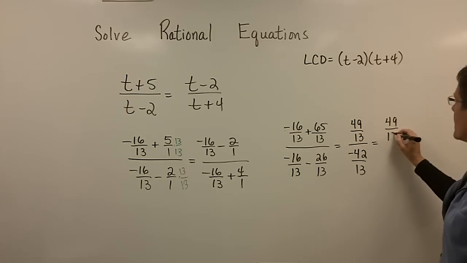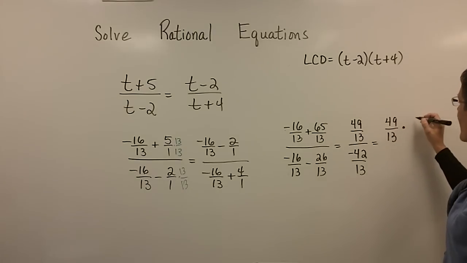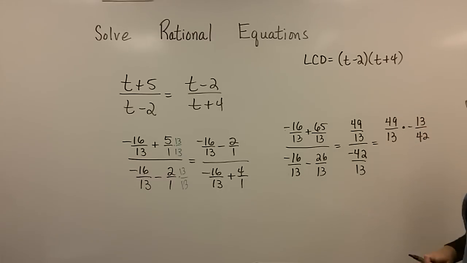So I'm going to take 49/13 and multiply by a negative 13 over 42. So I just flipped that. And so the numerator of this problem is equal to a negative 49 over 42, and I should probably reduce that. 7 goes into each of those, so a negative 7 over 6.